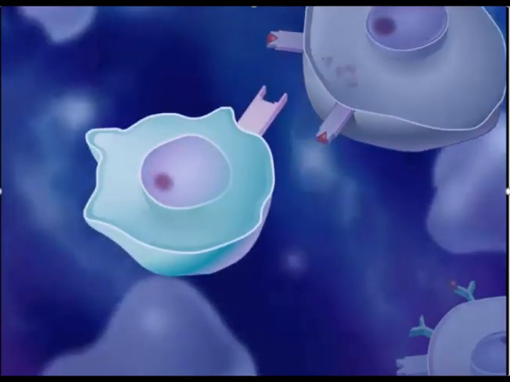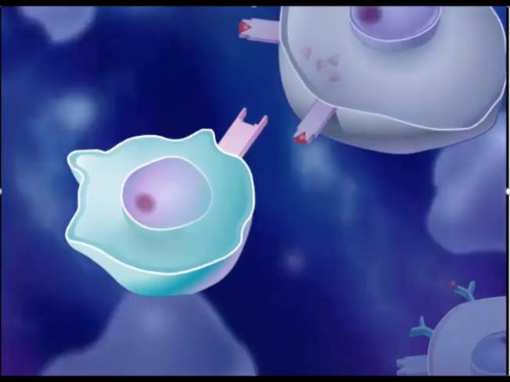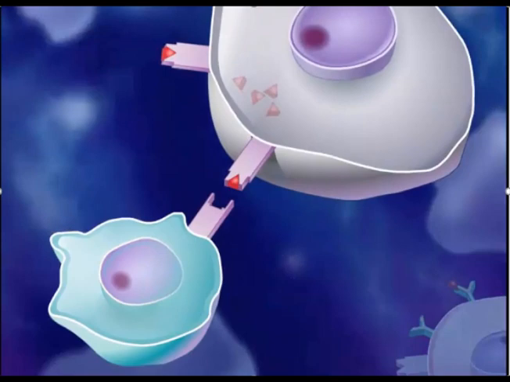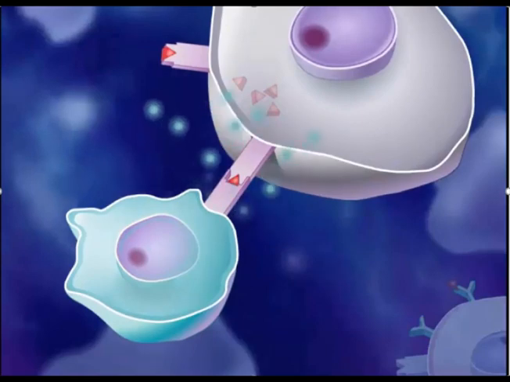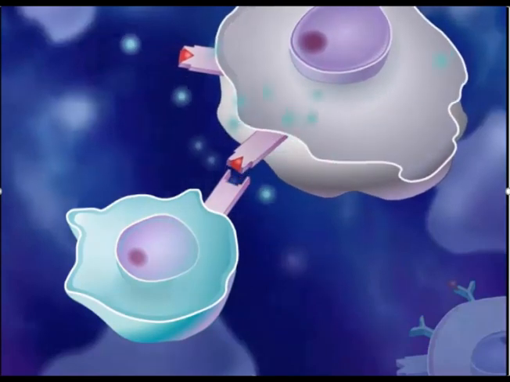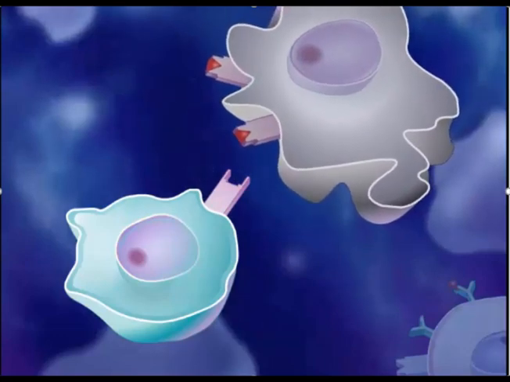The body makes millions of different types of cytotoxic T cells. Each type is able to recognize a particular antigen. The cytotoxic T cells that are capable of recognizing the antigen displayed on the surfaces of infected cells bind to the infected cells and produce chemicals that kill the infected cell.